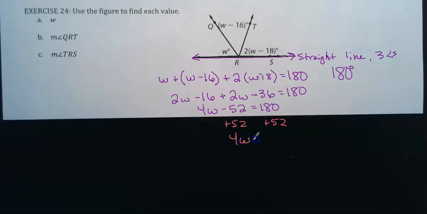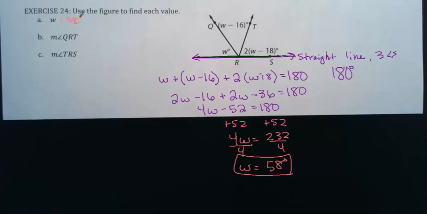So 4W equals 180 plus 52, which is 232. I'm going to divide by 4 to get that W equals 58 degrees. So my W equals 58 degrees.